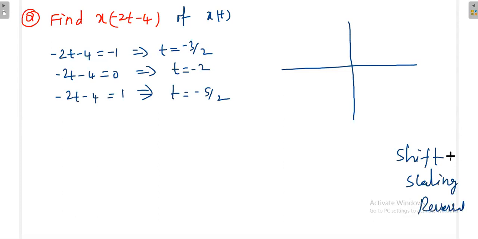In which direction will it be shifted? That is very, very easy. Just put t equal to 0, and see what answer you get. If this answer is negative, your diagram will finally be shifted towards the left. If this value is positive, your diagram will finally be shifted towards the right.